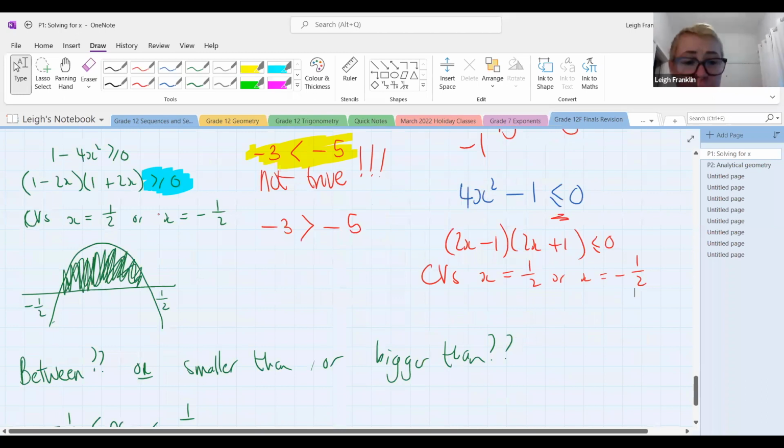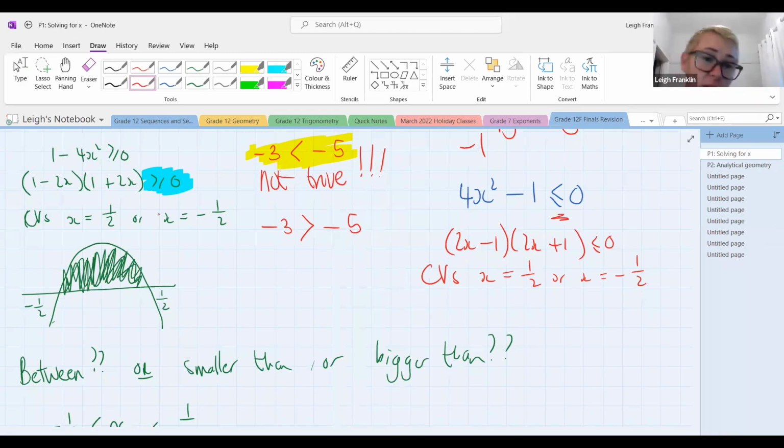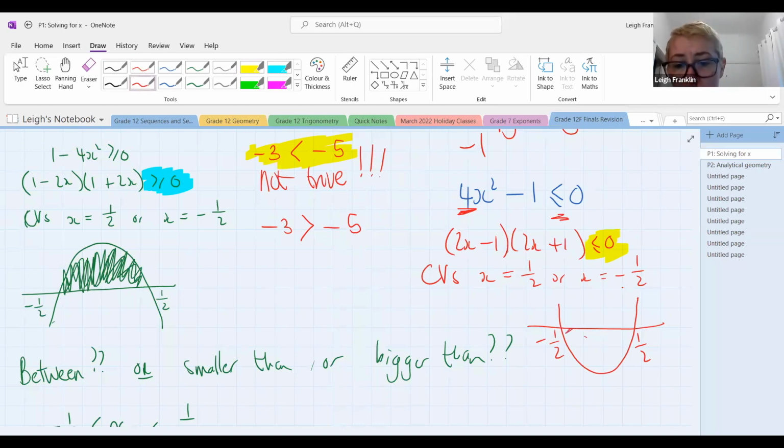The difference now is that instead of drawing a sad face parabola, I'm drawing a happy face parabola, because this is now a positive number, smaller number on the left, bigger number on the right. Now we're saying between which two values of x is this smaller than or equal to 0? Again, this is going to be a between, minus 1/2 and 1/2, where y is negative.